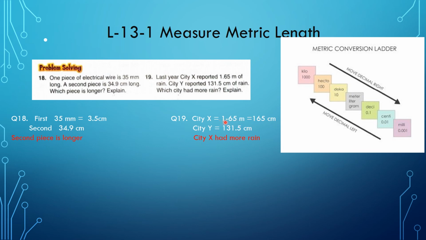Then 1.65 meter convert into the centimeter. Then meter to centimeter, go down 1 and 2 steps. Then it moves to the right. This decimal 1 and 2. What is the answer? 165 centimeter, and city Y is 131.5 centimeter. That means city X has more rain.